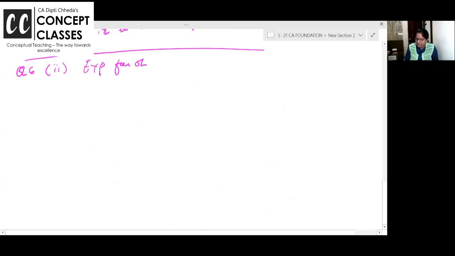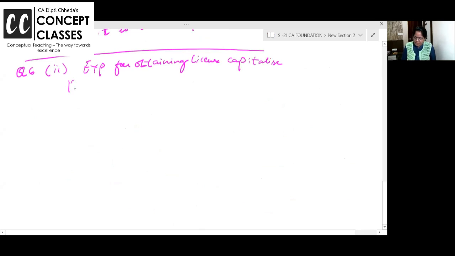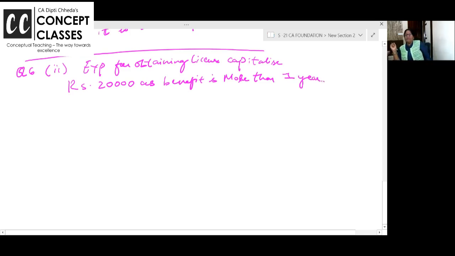Expense for obtaining the license, capitalize. Capital expenditure. Capitalize rupees 20,000 as the benefit is more than 1 year.